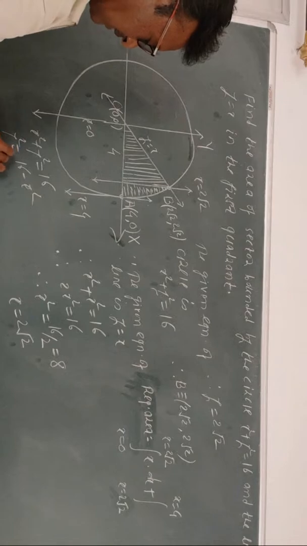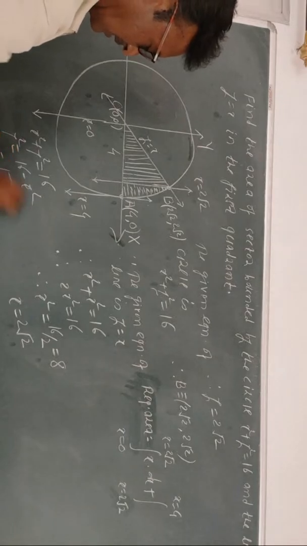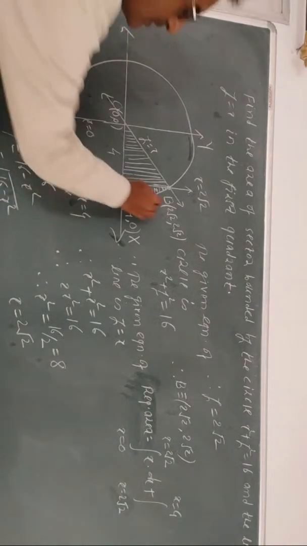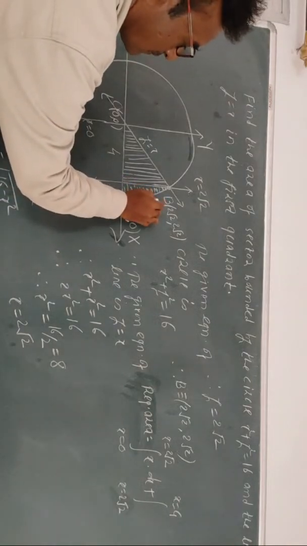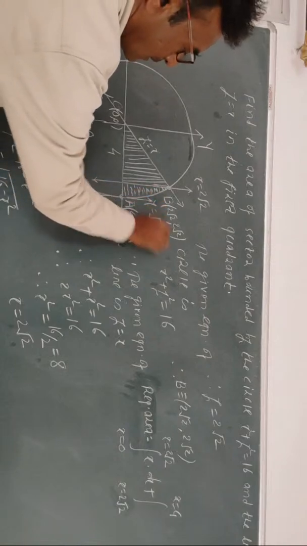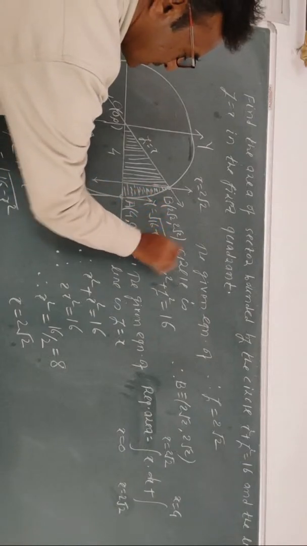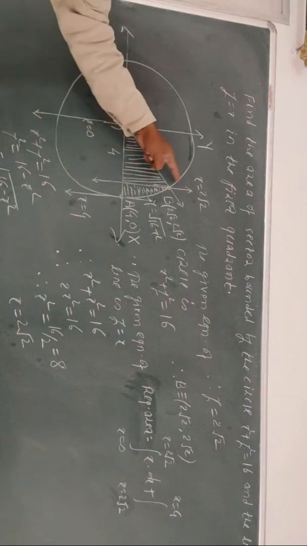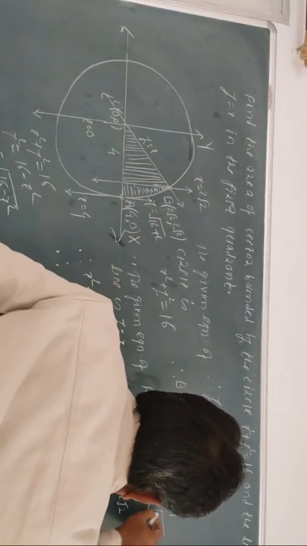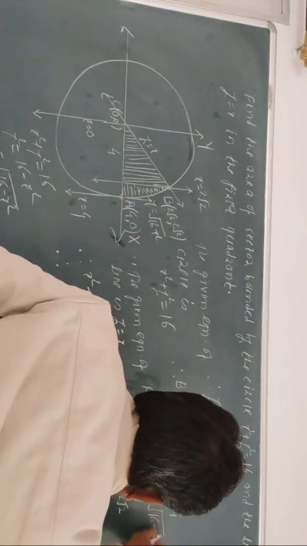Therefore y is equal to under root 16 minus x square. This is the y of this sector of the circle. So we write under root 16 minus x square into dx.